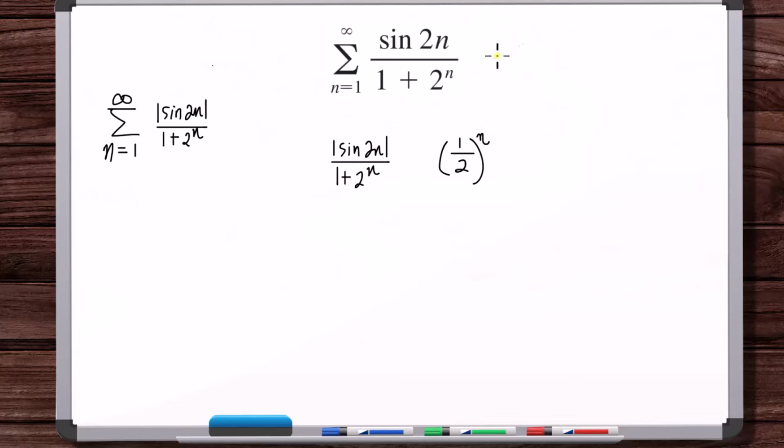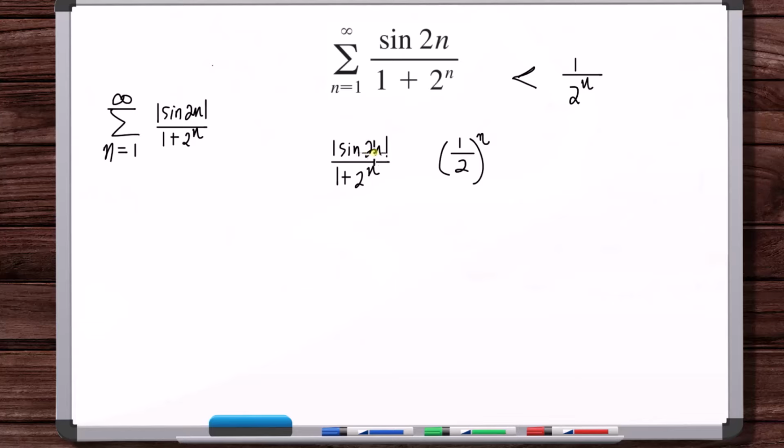So what's the difference? We changed this to 1 over 2 to the n, right? So we took out a 1 from the denominator. If we had the absolute value of sine of 2n over 2 to the n, then that would mean that this is always less than this, okay? Now here, at most, we're adding 1 to the numerator. In fact, because n is an integer, I don't think we'll ever add 1.